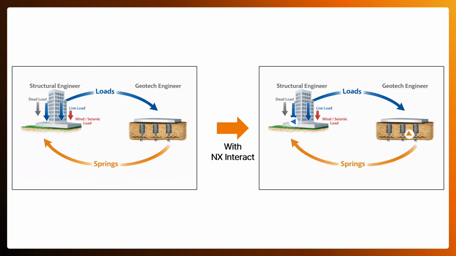The initial process was manual, tedious and tiresome: the structural engineer had to first define springs, run the analysis and give the results to the geotechnical engineer. The geotechnical engineer then had to run the analysis and share the results with the updated spring stiffness back to the structural engineer. And again, the iteration process had to be continued with the communication in between. So this process has now been entirely automated with the API integration.